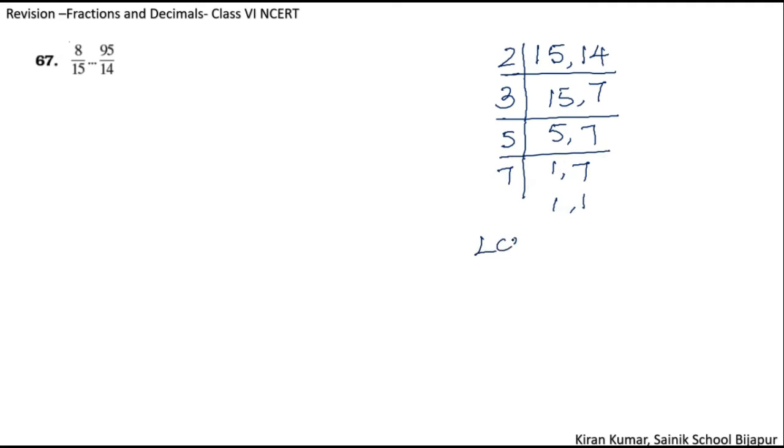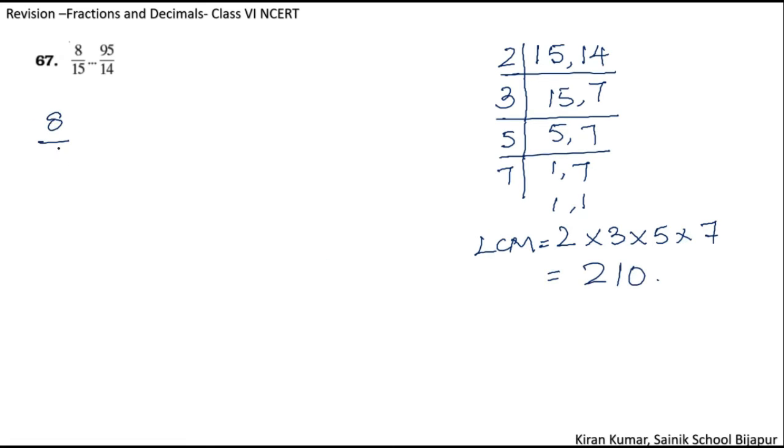Now the LCM is 2 multiplied by 3 multiplied by 5 multiplied by 7. This will be 6 times 5, 30. 30 times 7 is, 6 5s are 30, 30 multiplied by 7 is 210. So the LCM is 210.